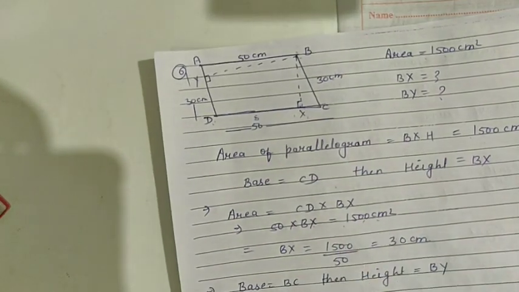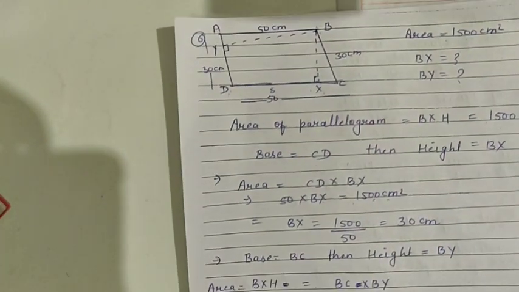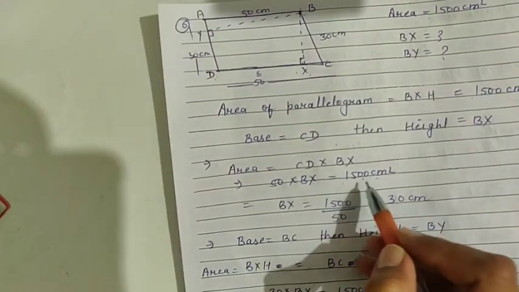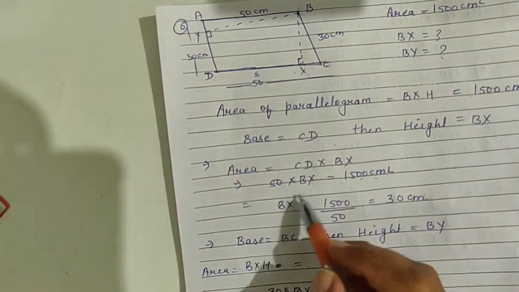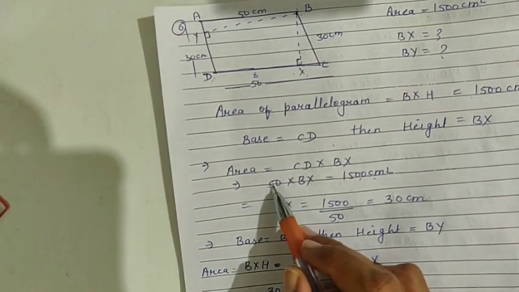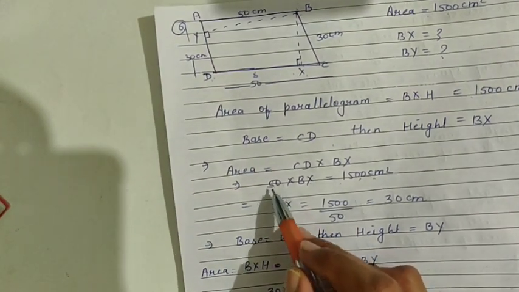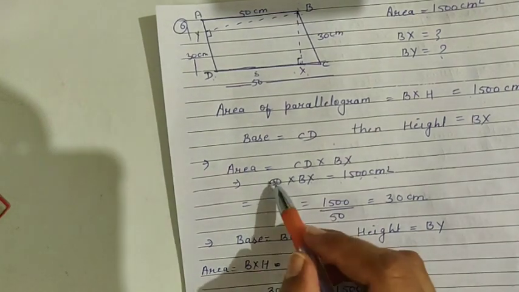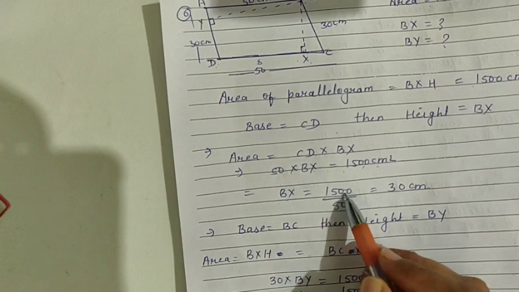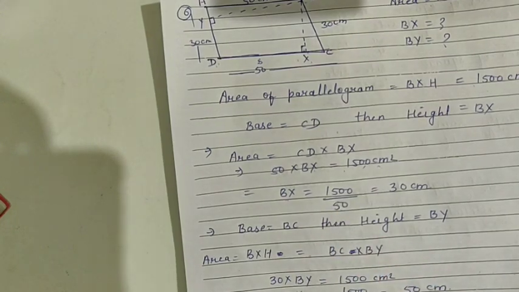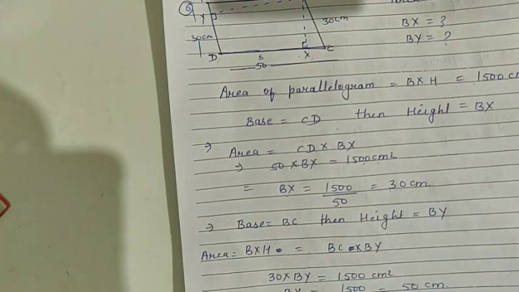So BX is equal to 1500 upon 50. We have to find the value of BX, so we will transpose 50 from the left hand side to the right hand side, and it will change into divide. So BX is equal to 1500 upon 50, and that is equal to 30 centimeter.